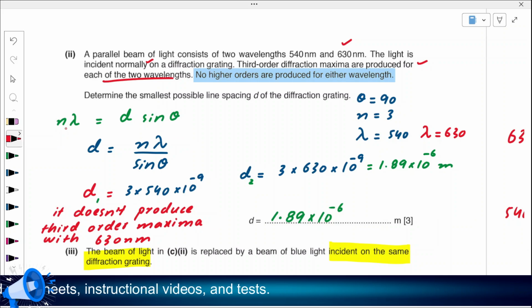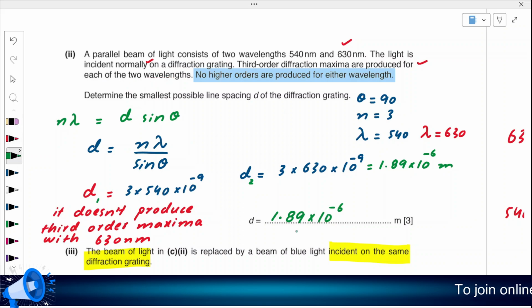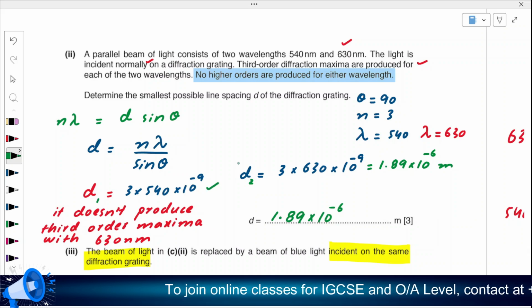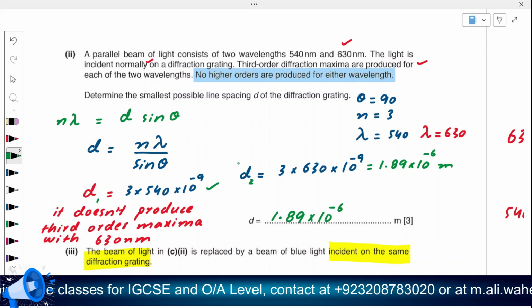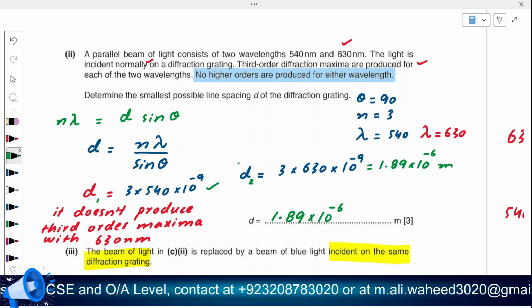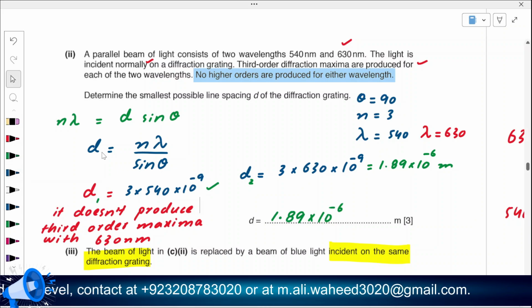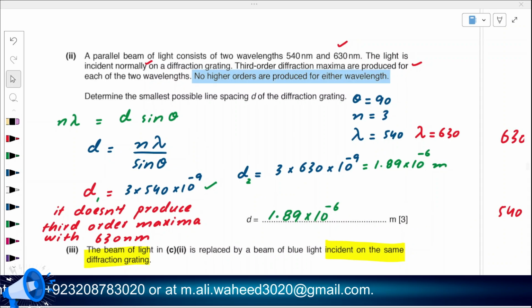So the very advanced questions from this topic can look something like this. If you write this value of d, I think you'll be getting 2 marks. I haven't seen the marking scheme, but I think you'll be getting 2 marks. If you're clear with this one, shall we proceed to the next question?